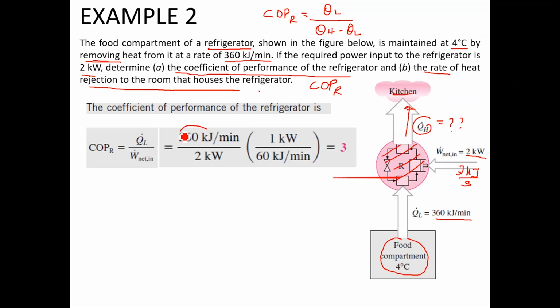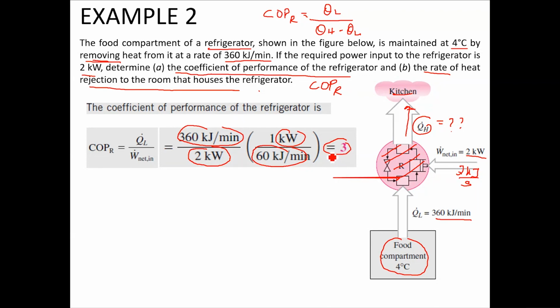Then it would be in kilowatts, that means kilojoules per second. The work net in is already given to you as 2 kilowatts. The ratio of Q dot L and work dot net in comes out to be 3. So the coefficient of performance of the refrigerator is essentially 3.